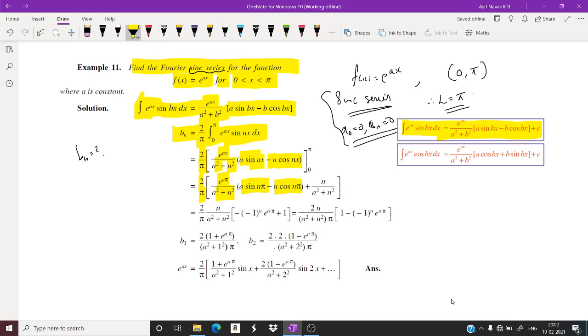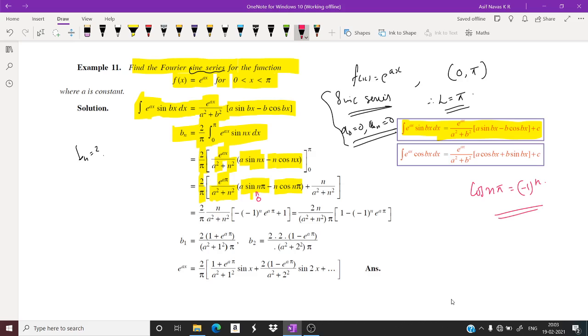So what I will get here is 2 by pi e raised to a pi by a square plus n square into a sin n pi. Sin n pi is equal to 0, right? So this is 0 minus n cos n pi. We know that cos n pi equal to minus 1 power n for all n.